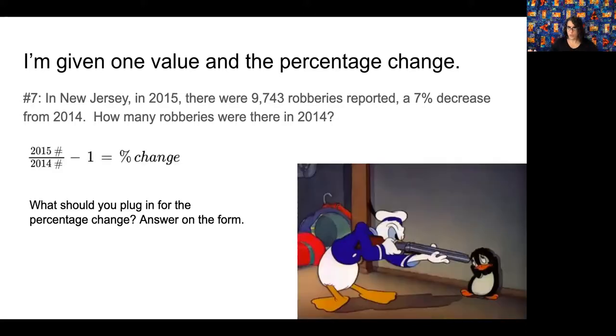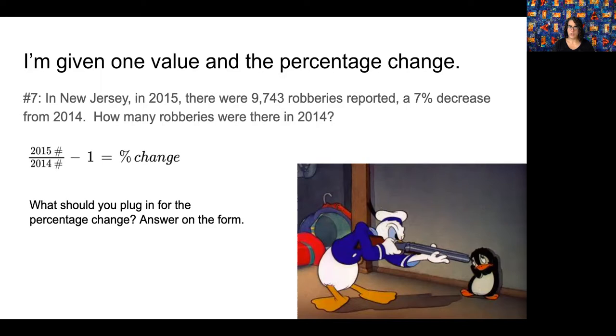Again, I don't want to look at the numbers yet. I just want to think about how I would set it up. If I wanted to look at the relationship between the 2015 number, the 2014 number, and the percentage change, it would look something like this. I'd take new over old, 2015 over 2014, and subtract 1 to get the percentage change.